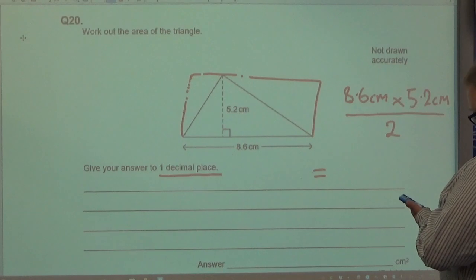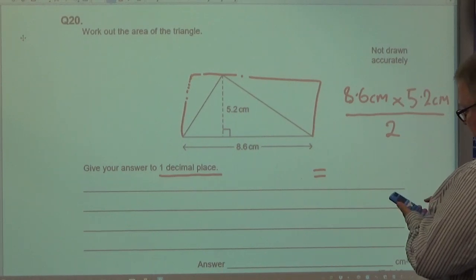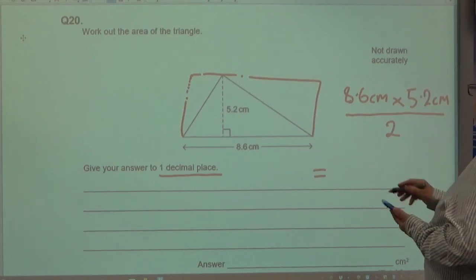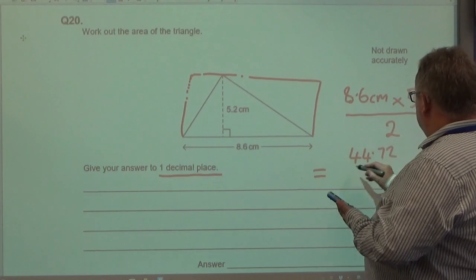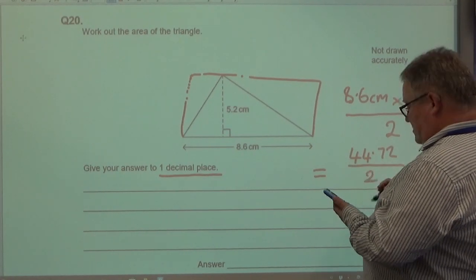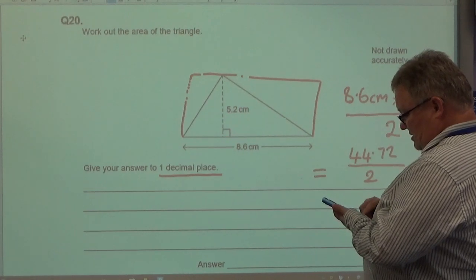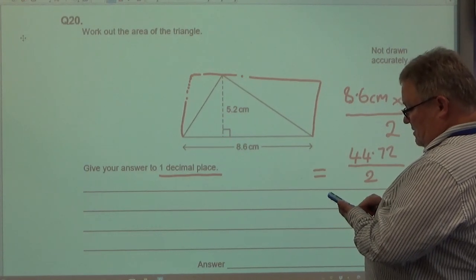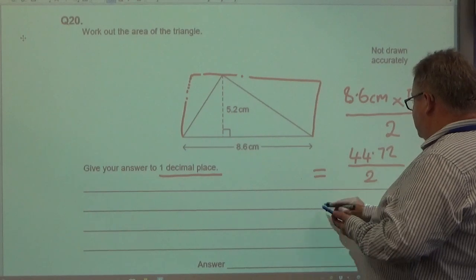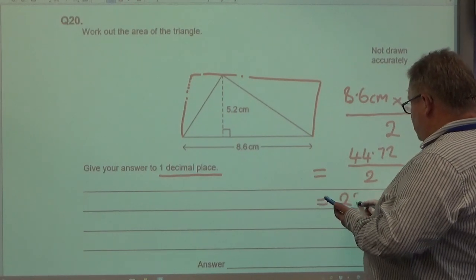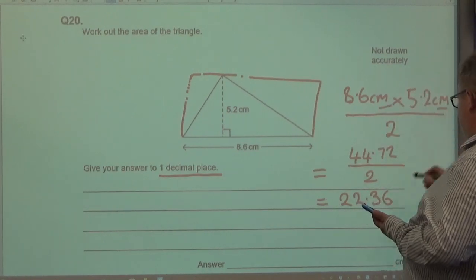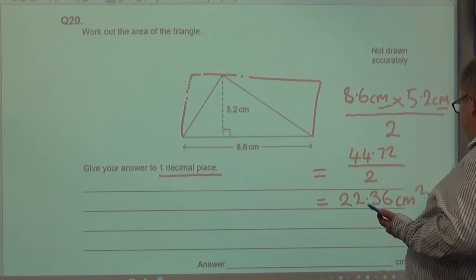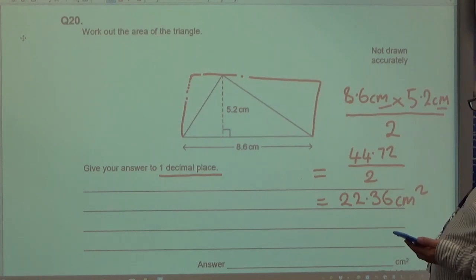I probably can't do this one in my head at the moment, times 5.2, or at any time probably. So that gives us 44.72, and then that's divided by 2, so we can divide that by 2, and that gives us 22.36, and it's centimetres, so it'd be centimetres squared, because it's area, and we've got that down there.